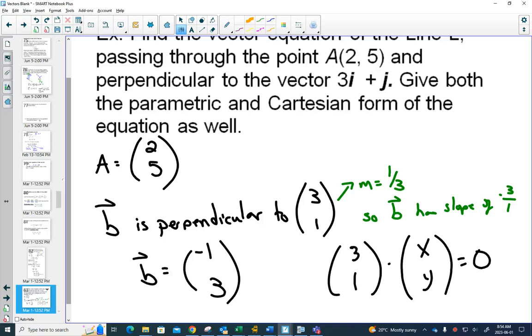Or you could pick x is negative 1. Oh, then y would have to be 3. And it doesn't matter what you choose, because your direction vector, as long as it's this or any multiple of that, parallel to that, you're fine. So your direction vector could be, I can multiply this by 2, negative 2 and 6. That would be fine. Right?